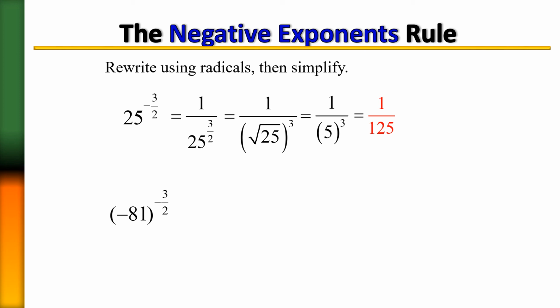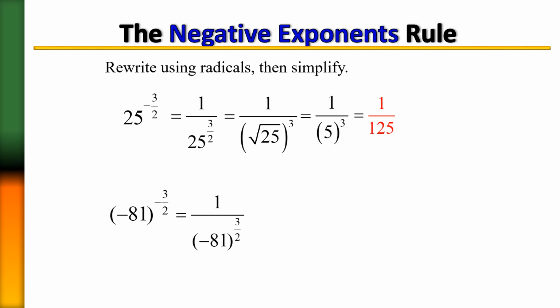Our last example, here we have a number that has a negative exponent, and again, with negative exponents, you have to flip them in order to make that exponent positive. So let's move that number to the bottom, and we're going to place a 1 up top.